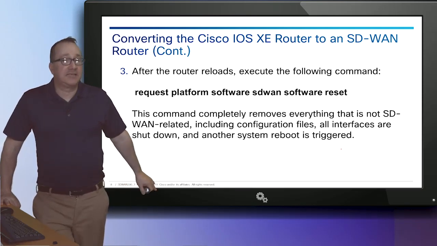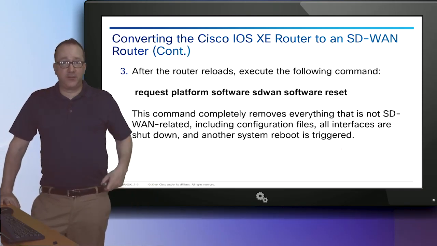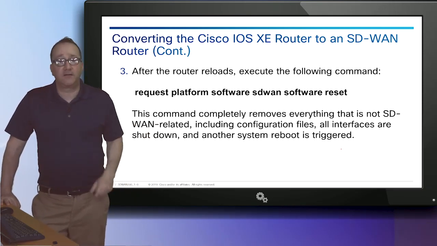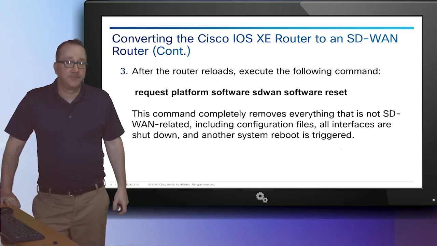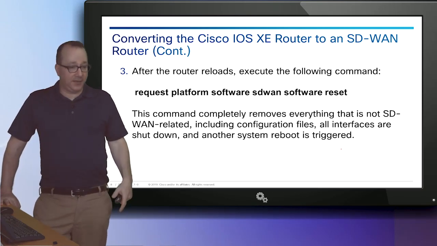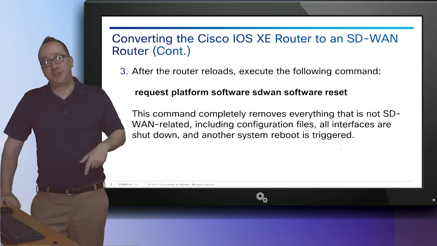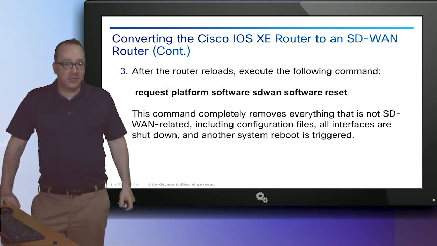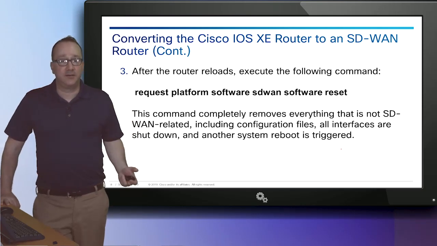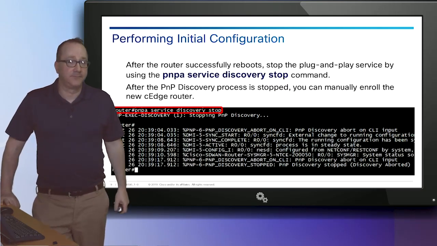The command completely removes everything that's not SD-WAN related. DSPs or a UCS-E module, all that configuration is removed, and all interfaces are shut down. So if this is a live environment and you copy this software and reboot to it, you're going to lose all the configuration you had before. This is a change in operation of that piece of hardware.